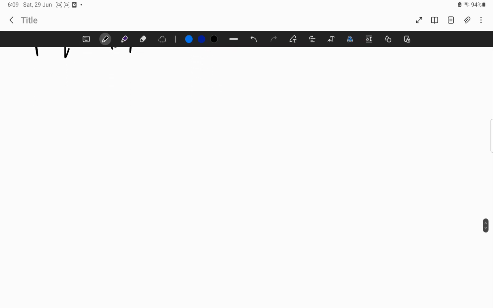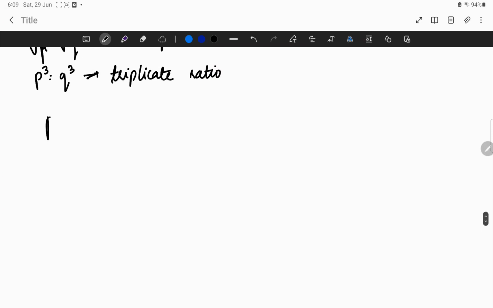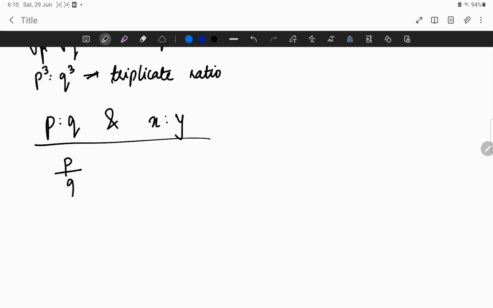So if you want to compare two ratios, say p is to q and x is to y, which one is greater than the other? You can write p upon q and x upon y. If p upon q is greater than x upon y, then you can cross multiply and realize that p into y is greater than q into x.